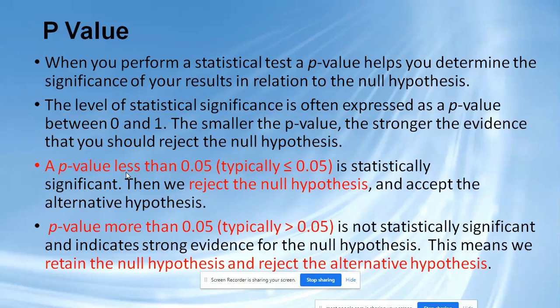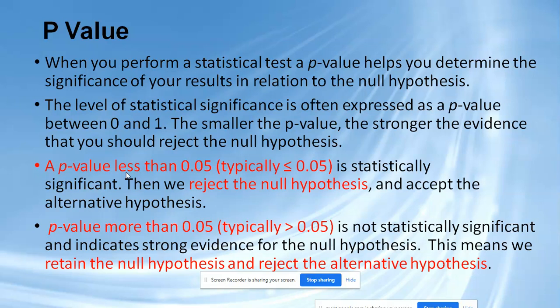The next is a p-value less than 0.05. Generally we have to compare the p-values. A p-value typically less than 0.05 is statistically significant.